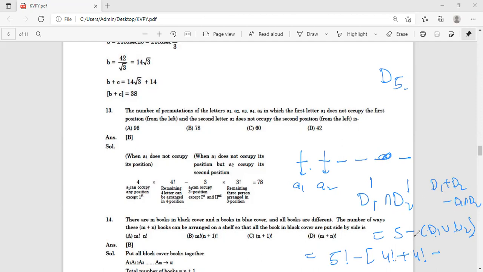So D1 is 4 factorial, D2 is 4 factorial. D1 and D2 both come original. Sorry, 5 things are there, so 3 factorial. So you simplify this, and you'll get 78 as the answer.